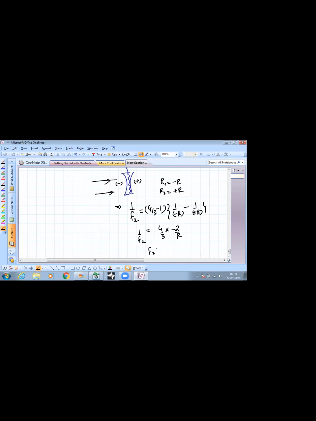So F2 with proper sign becomes minus 3/8 R, or that is minus 3/8 F. This is for the water lens. Now the combination will have an equivalent focal length. The equivalent power is the sum of the powers. Use that.